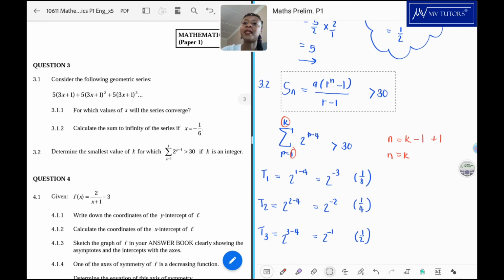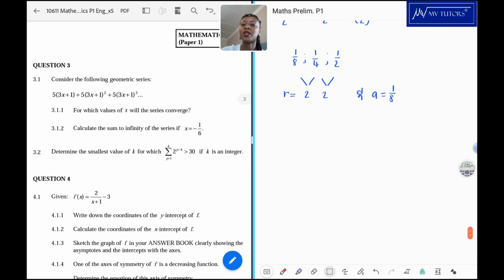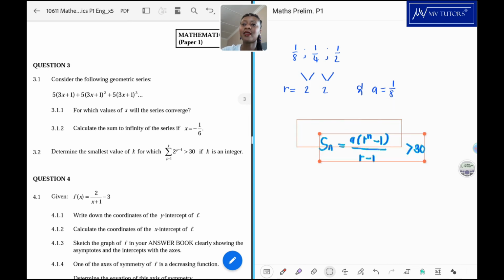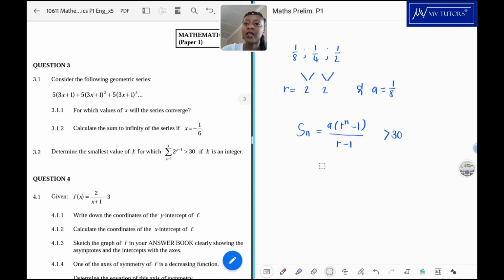Okay, so we have everything that we need. We're just going to copy the sum and solve for k. All right, so now we have a, which is 1 over 8, and then we have r, which is 2.